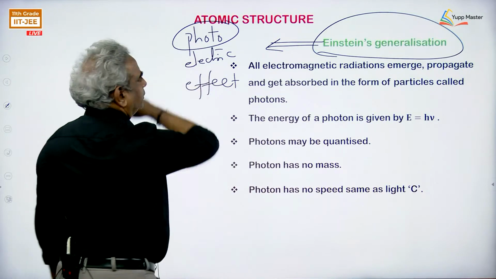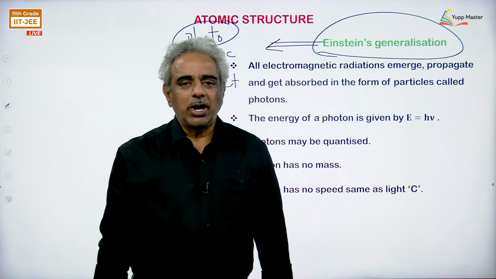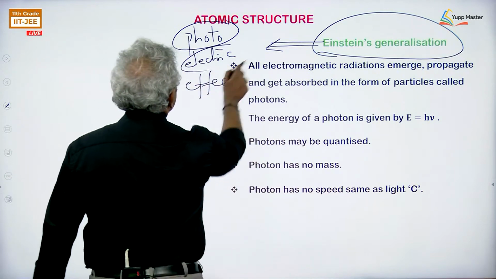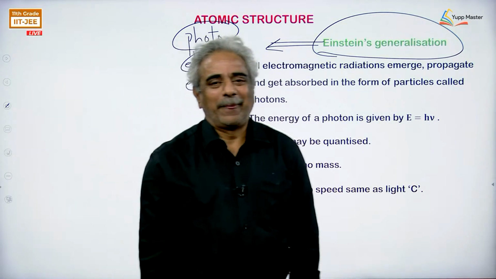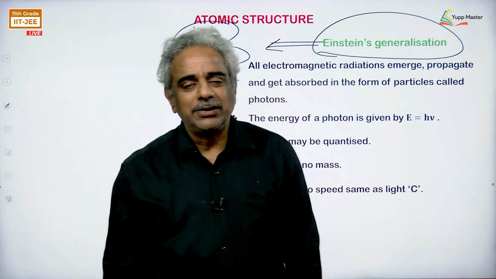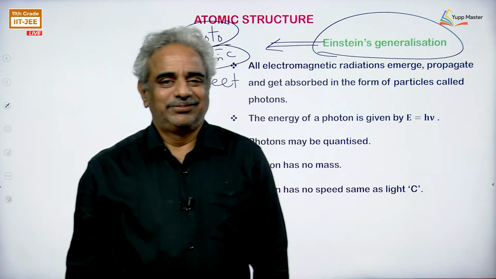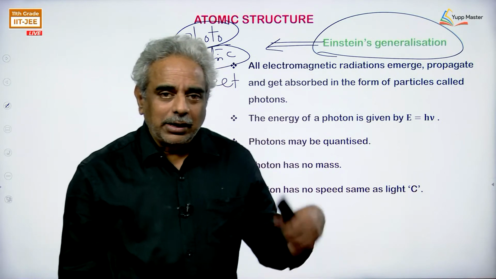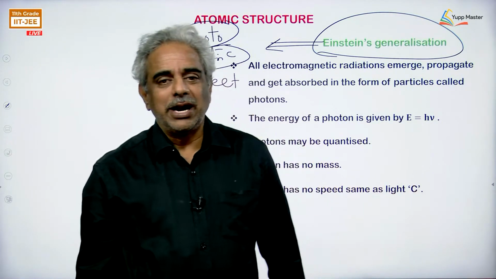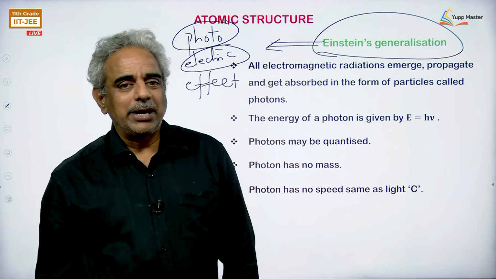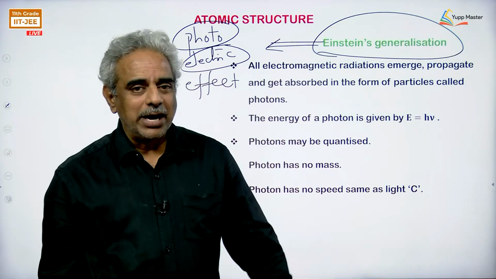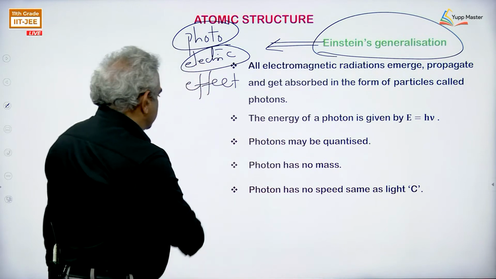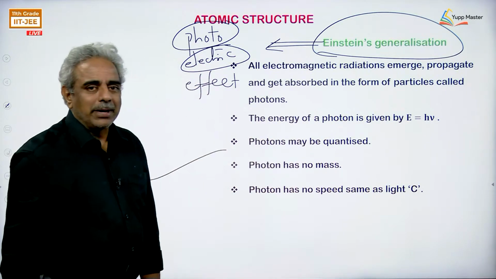Photo means photon, light. With the help of light, get current, electricity. Use light, get current: photoelectric effect. Get electric current using photons, light. Use light and get electrons. Take a metal piece.